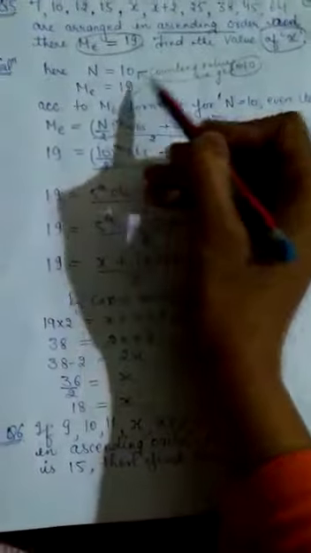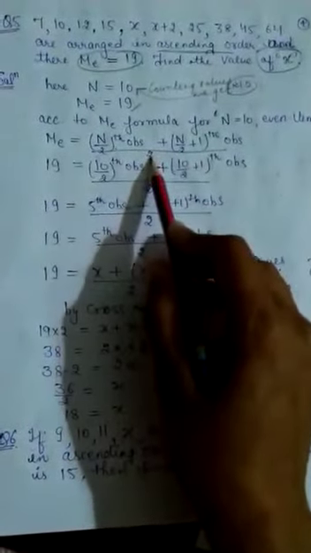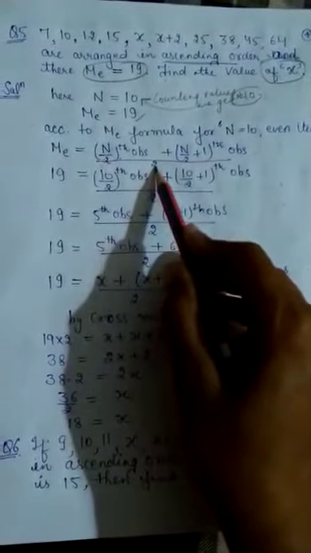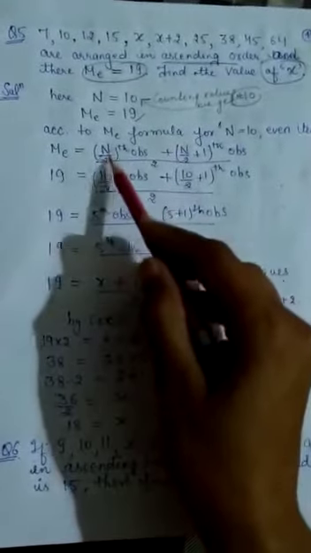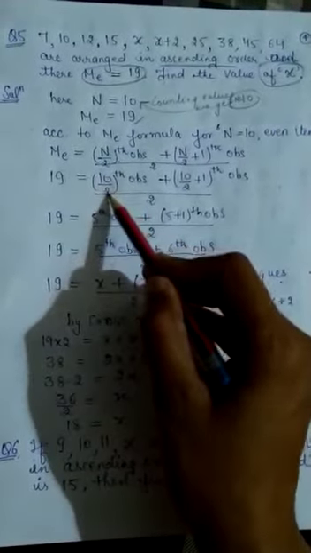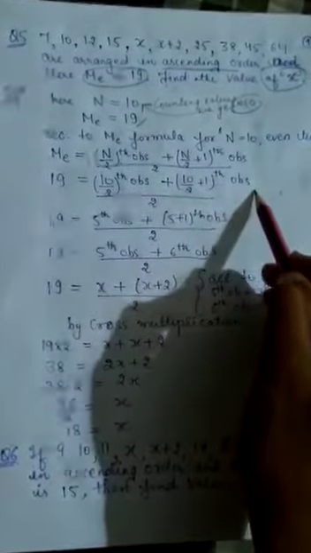Here median is 19, so as n is equal to 10 we have to use this formula. Already told so many times that it depends on the n value which formula is to be used. So we will use 10 upon 2 observation plus 10 upon 2 plus 1th observation. Here we can write 19.